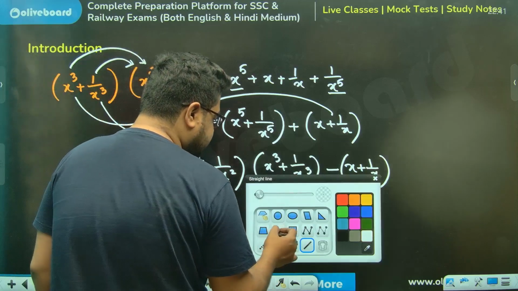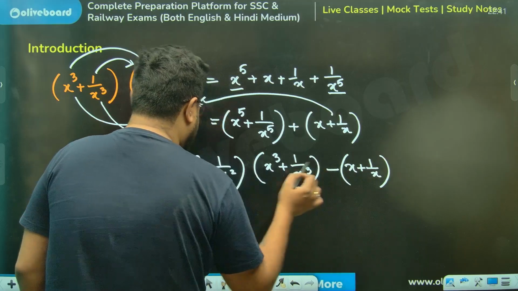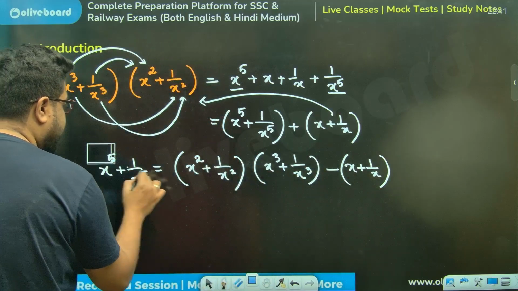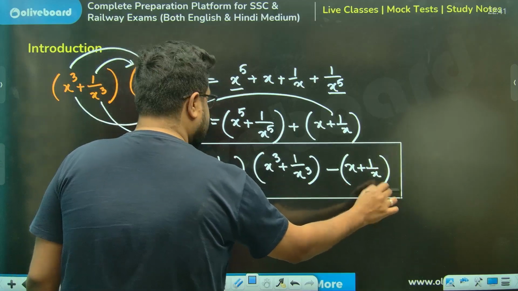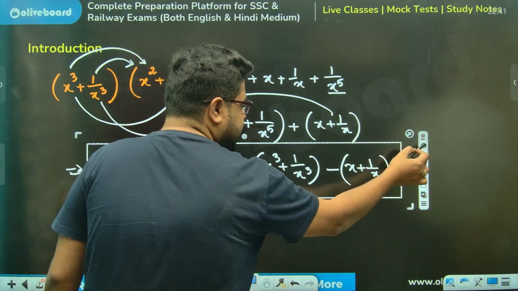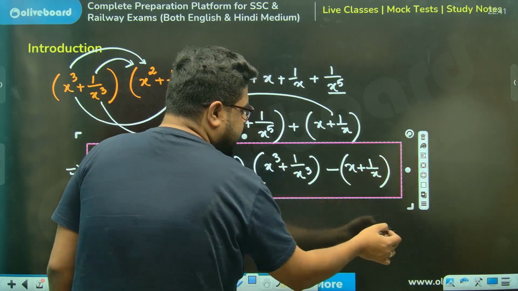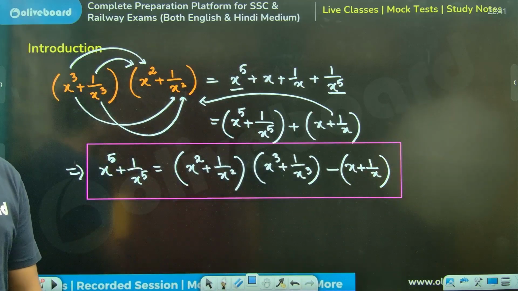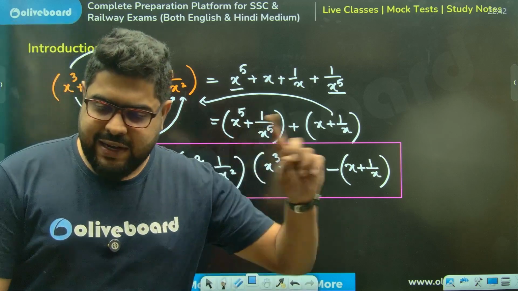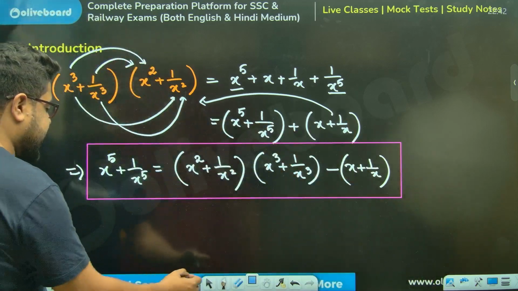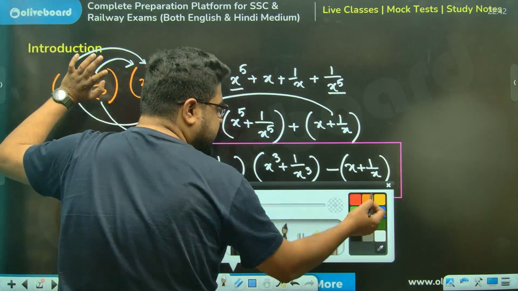Again, I'm not asking you guys to remember it blindly. Understand why I'm doing what I'm doing. Everybody, please understand what I'm doing and why I'm doing it. And if you understand this, then you will say, sir, acha, I got the pattern.